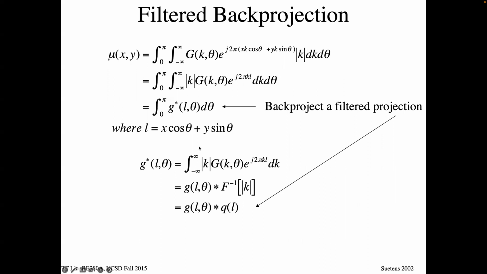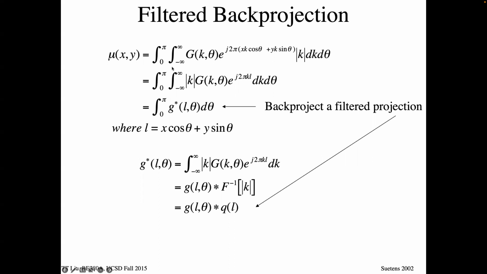And if we look at this and do this first, this integration first along the k direction, that gives us a new function. And we're going to call that function g asterisk, or g prime, of l, theta. And it is the inverse Fourier transform of G(k, theta) after you multiply it by k.